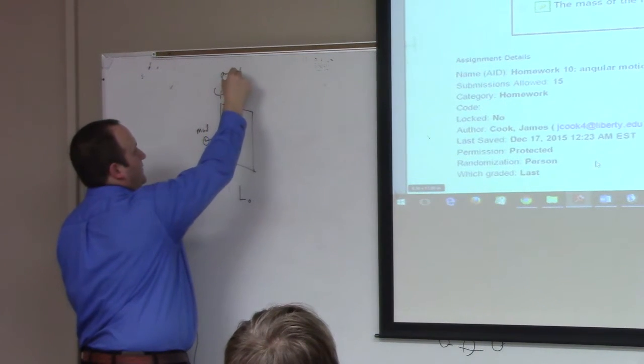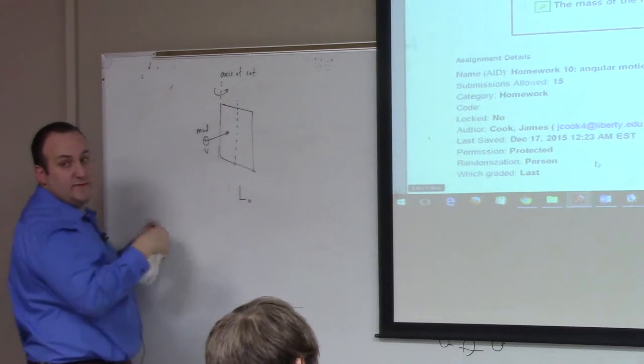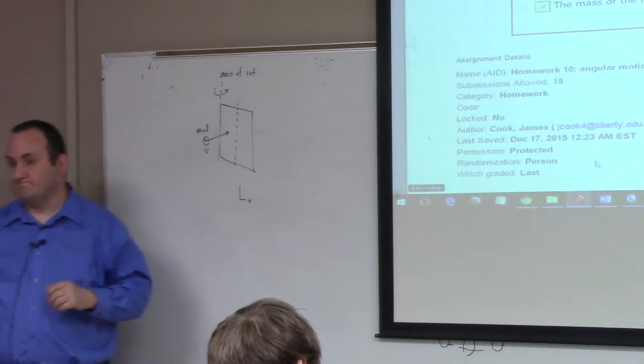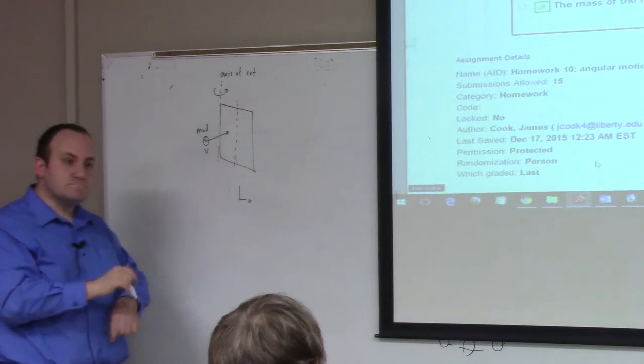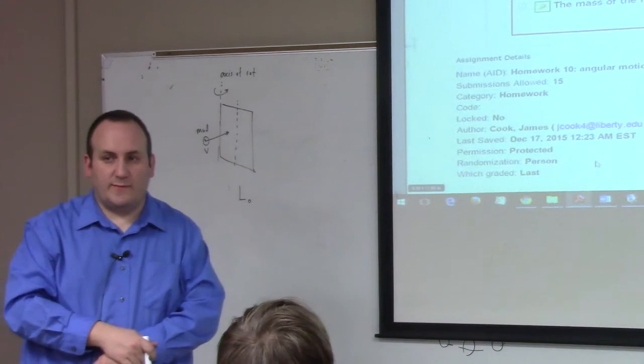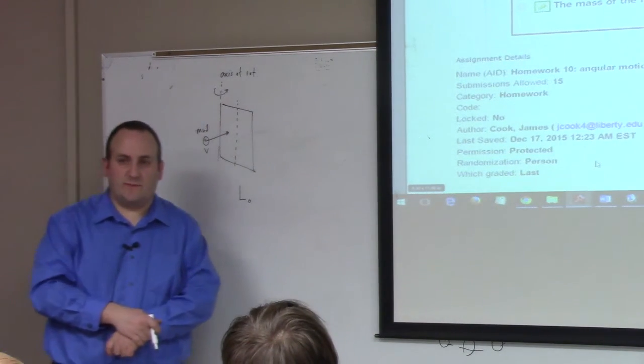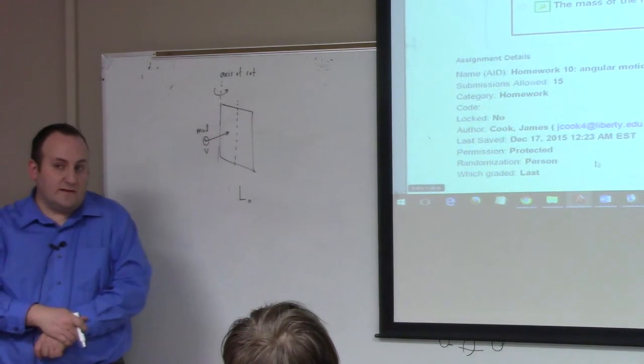Axis of rotation, right? What's the initial angular momentum of the mud just before it hits the door? Angular momentum will be conserved. And so the question is, what's the initial angular momentum? Once we know that, we can say that has to be equal to the final angular momentum.